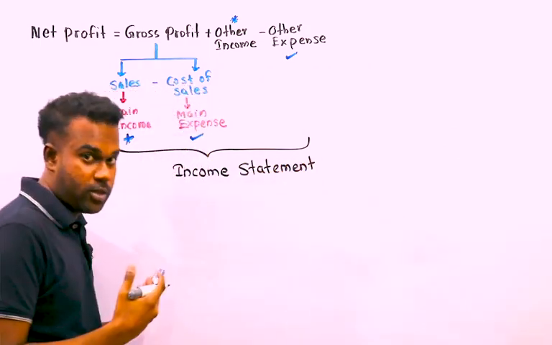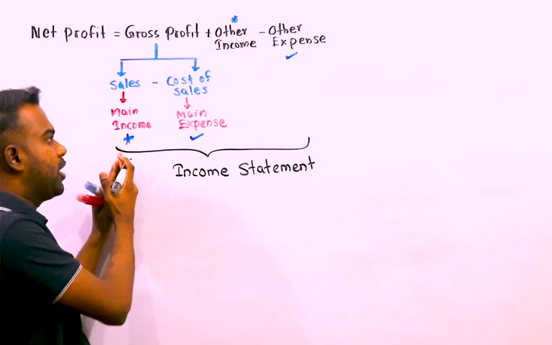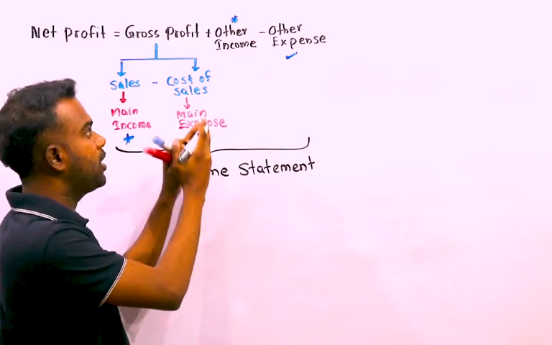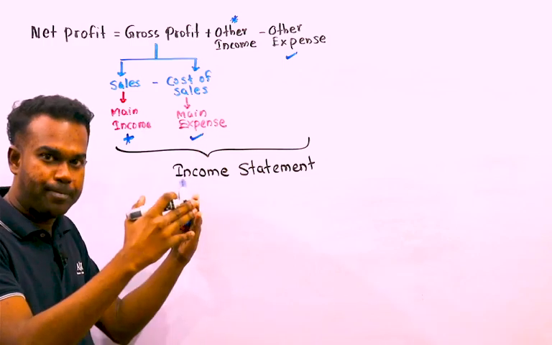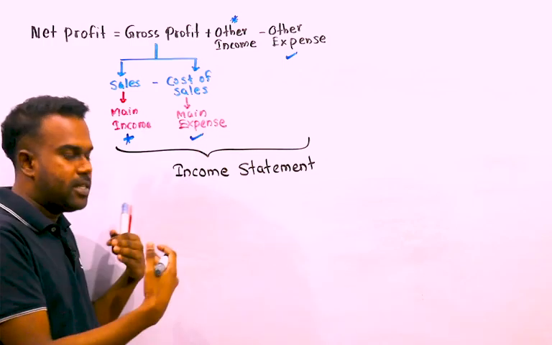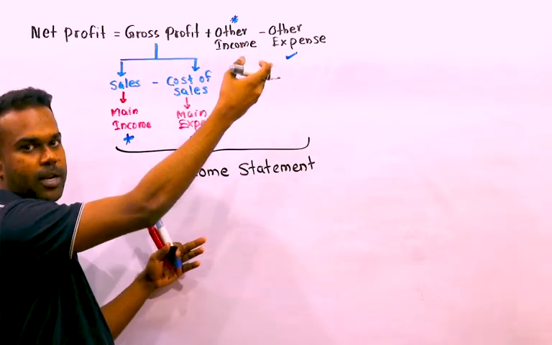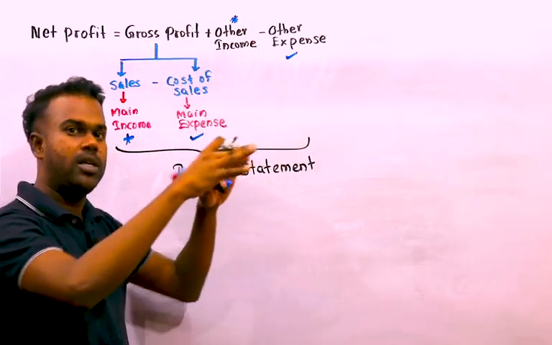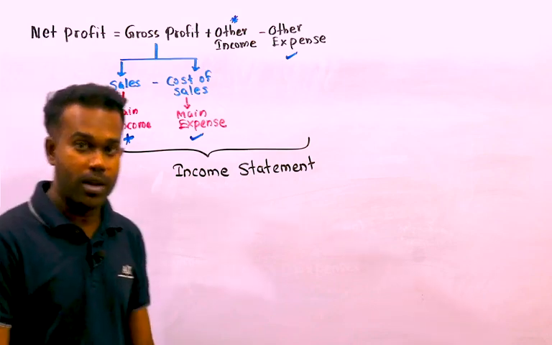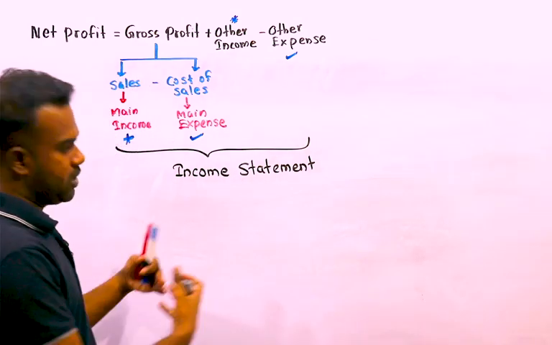We have to present all the main incomes, main expense, other incomes and other expense as a table, right? That is the income statement. Same as this equation actually. We are going to prepare this one as a statement. Understood? Like a table, right? This is the equation.